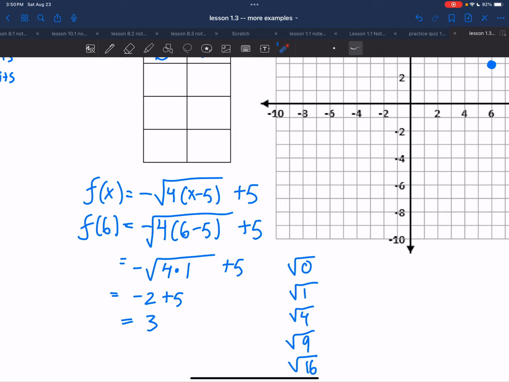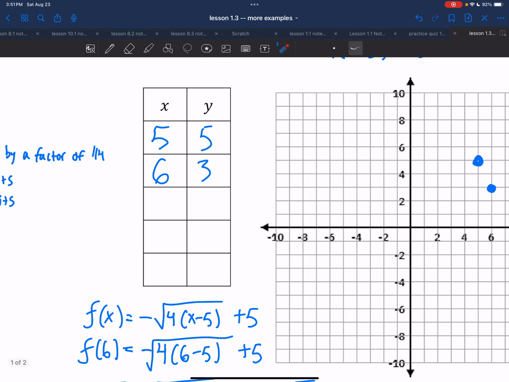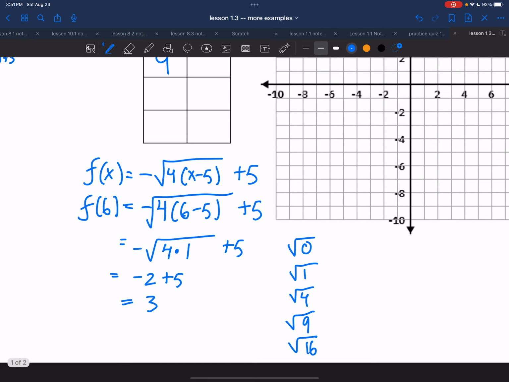If the inside of the square root says 4 times a number, and I wanted it to be 16, then I would just need to make that number a 4. That number that I'm talking about is this x minus 5. We want to make that a 4. So what number minus 5 is 4? Answer, 9. That's the next number we're going to plug in, right?